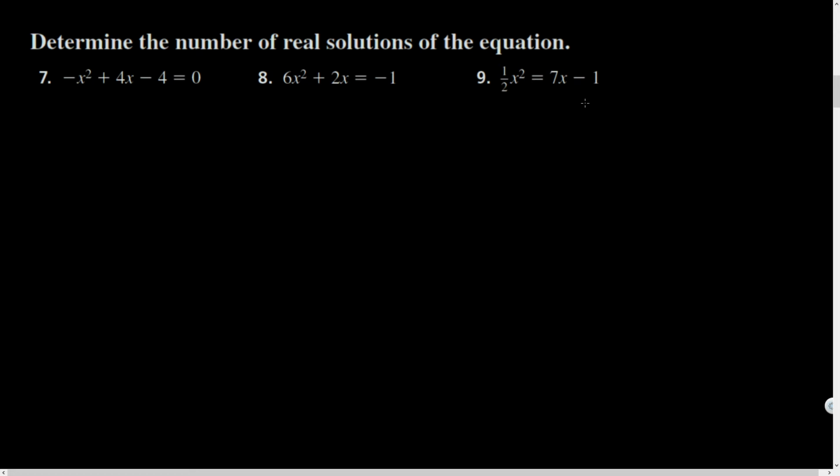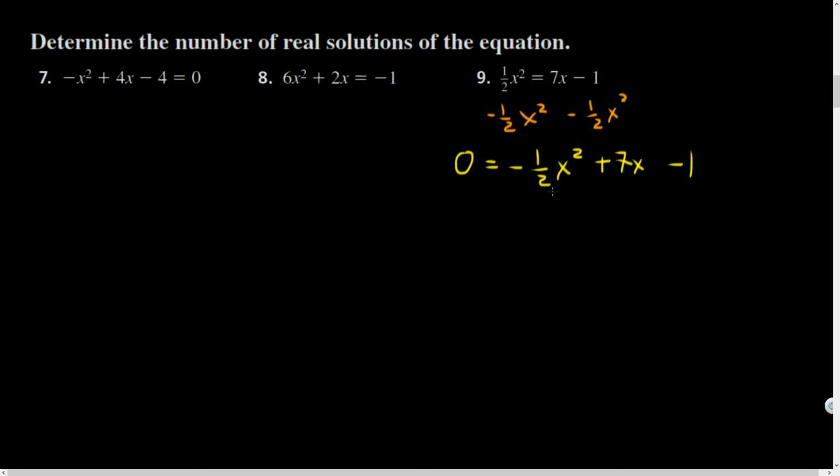Tell you what, I could move the 7x and the 1 over to this side, but why? I'll just subtract the half x squared from both sides. And I can just arrange this anyway. So negative a half x squared plus 7x minus 1 is equal to 0. And I can technically plug this into the discriminant. The 4ac will actually cancel out.